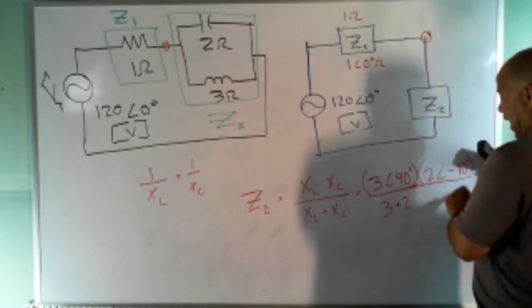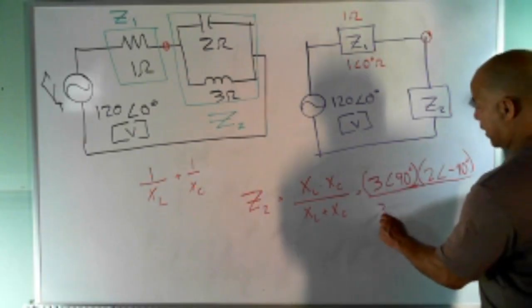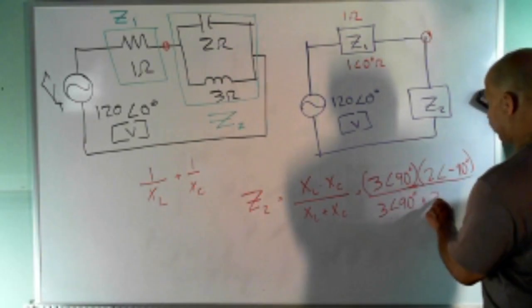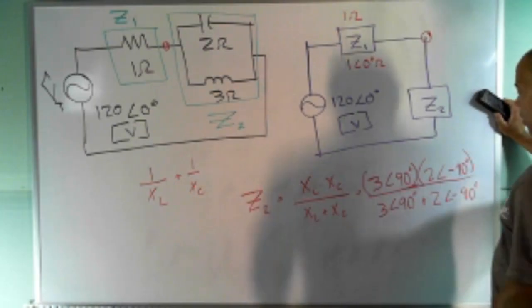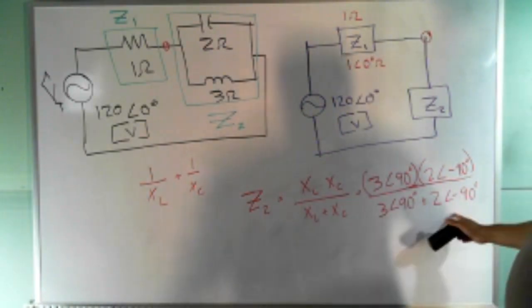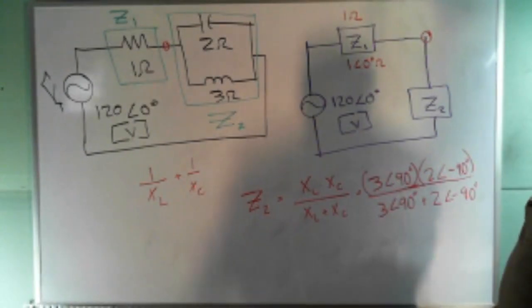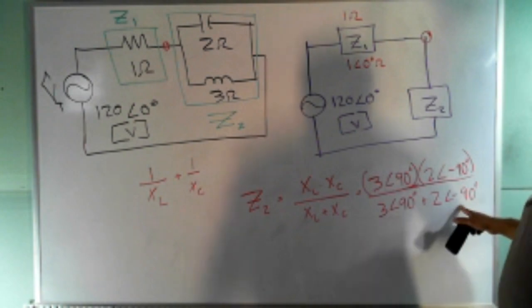And then we're going to add these down here. So this will be 3 angle 90 degrees plus 2 angle minus 90 degrees. Right off the top, when you add these, you really want them in rectangular form, not polar form. So in rectangular form, this is a J3, and this will be a minus J2.